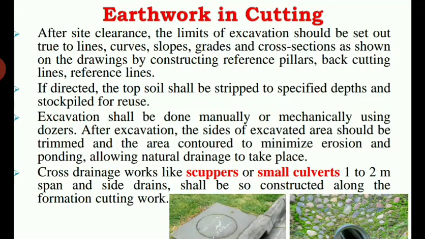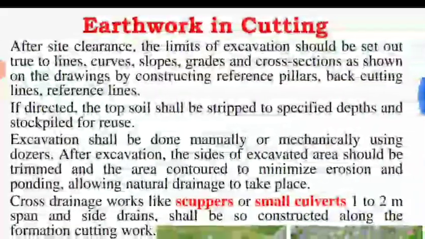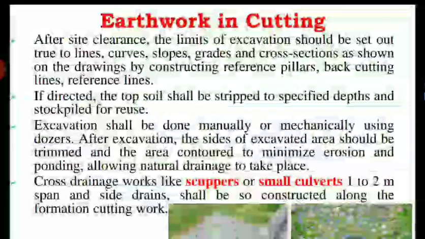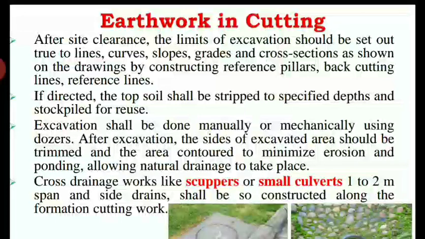So here the first point: first we need to do the site clearance, right? By digging, we need to separate out the vegetation and other foreign materials, and then the limit of excavation should be set out true to lines, because at certain places the depth is restricted. Only that much depth we need to excavate, because after that certain other layers, some optical fibers or telephone wires, may come.